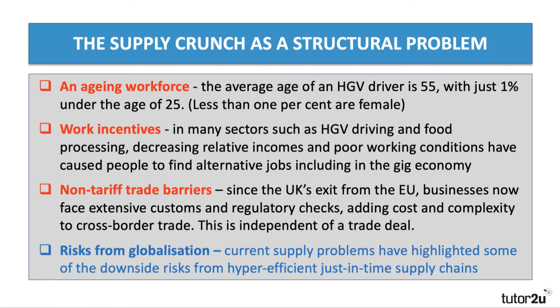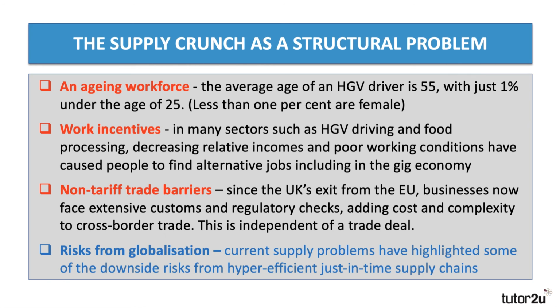And I guess the other point I would make is that the supply crunch, I think if you're doing theme 4 economics, is a really good example of one of the downsides of globalization. That we have global corporations that are heavily reliant on long supply chains from around the world, textiles from Bangladesh, semiconductor chips from China, natural gas from Russia, component parts from Poland.